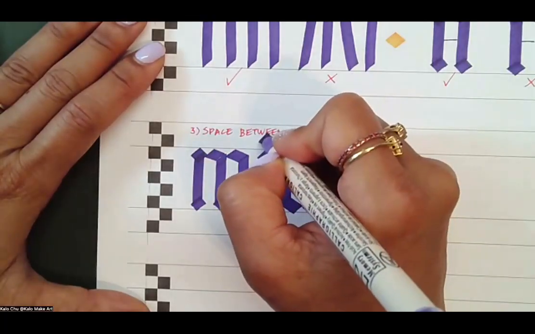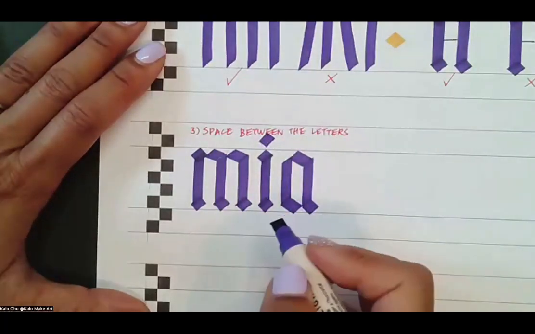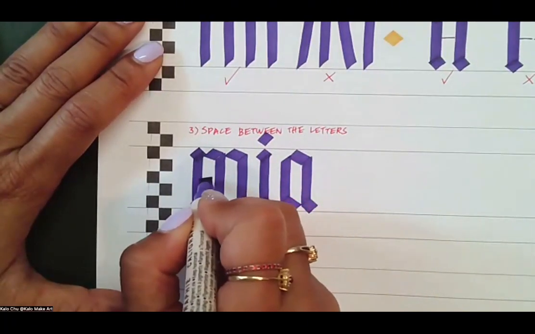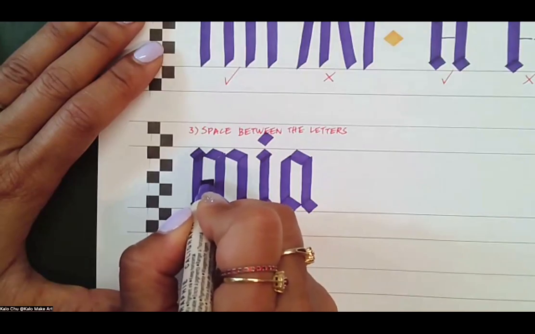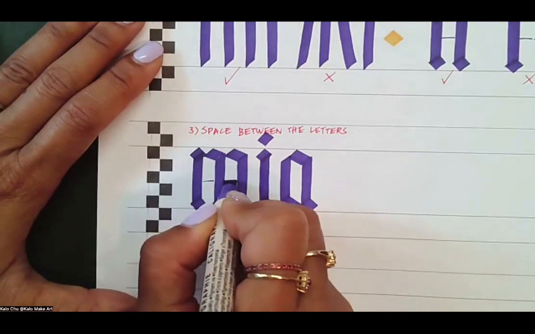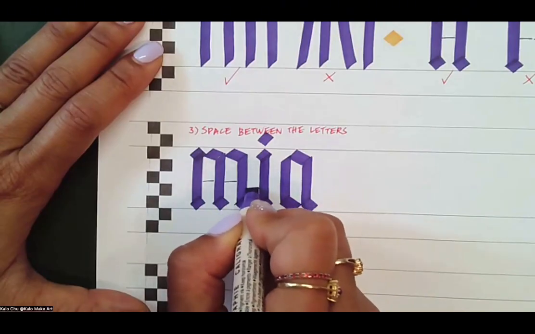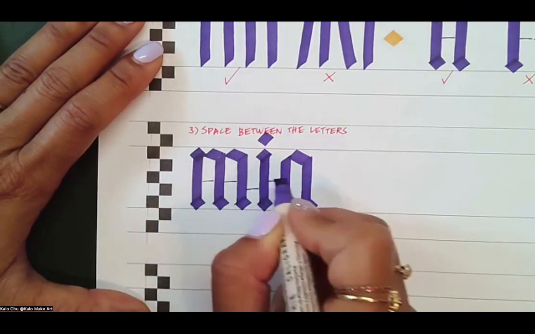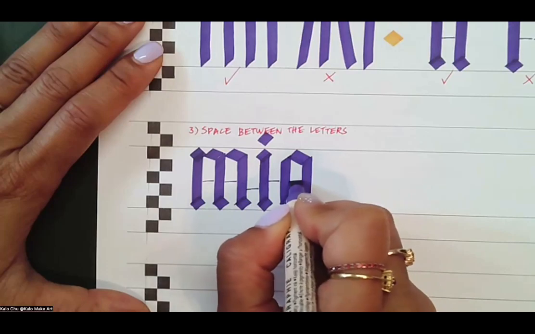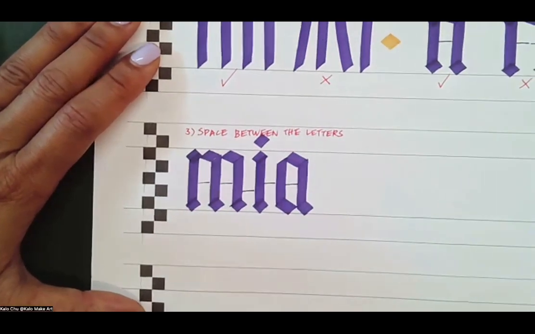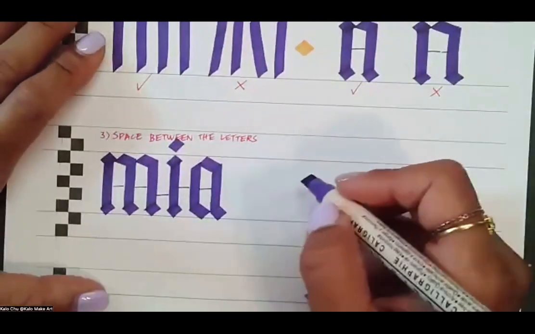So the dot of the I will be here. Now, what I want to explain is we already learned that the interior space of the letter should be one pen width, right? Now, the space between letter and letter should also be one pen width. Okay, do you see that? Right? Now, this is what we want to achieve.